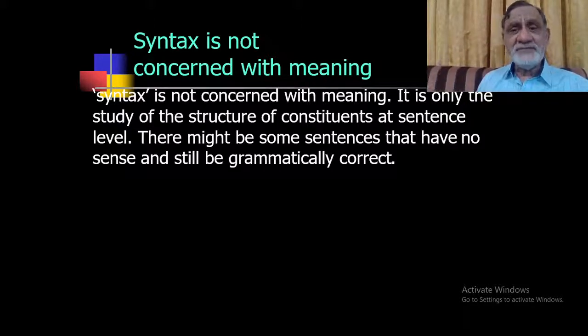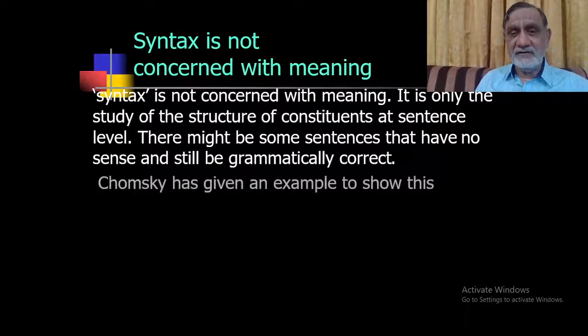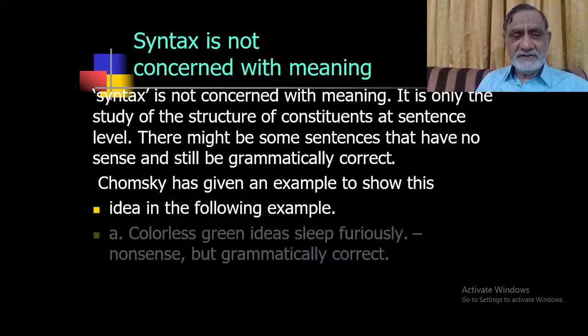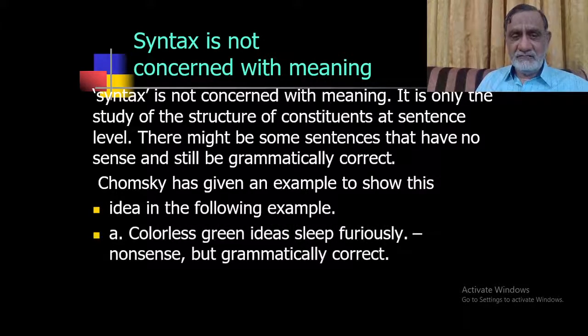There might be some sentences that have no sense, but grammatically they may be correct. Chomsky has given an example which is often quoted in the literature. He wrote a sentence: colorless green ideas sleep furiously.